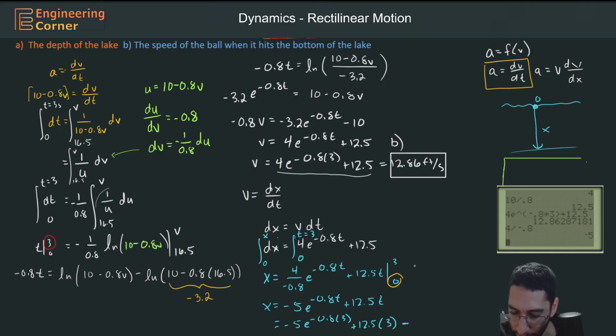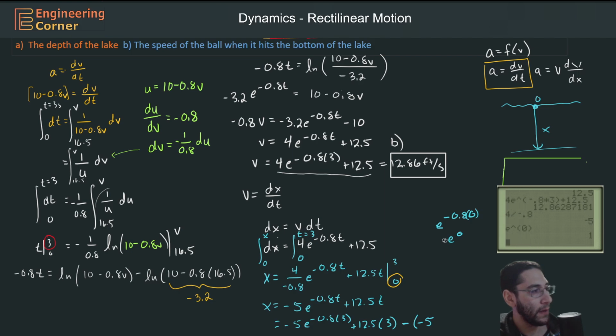It's just going to be minus a minus 5, right? e to the minus 0.8 times 0 is e to the 0, which is 1. So e to the 0 is 1. So we just have this 5 that's hanging out.